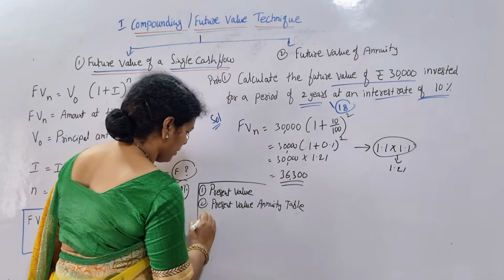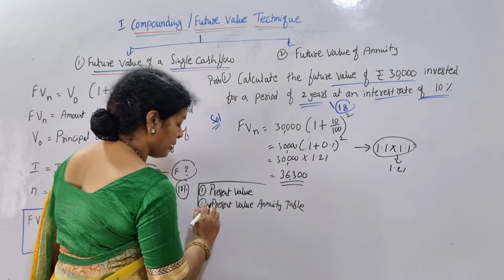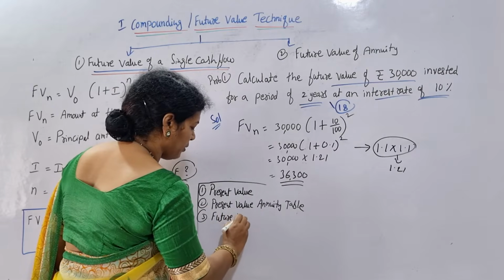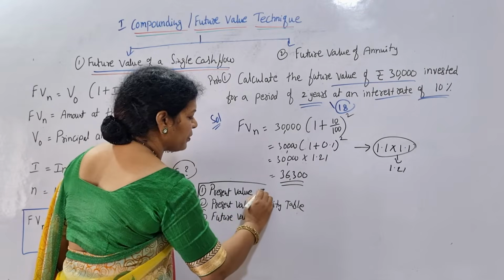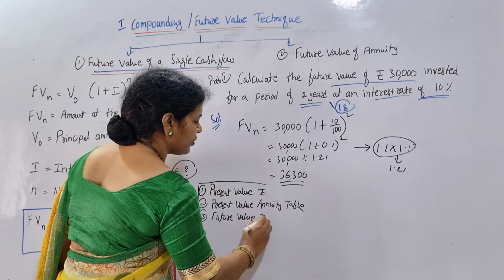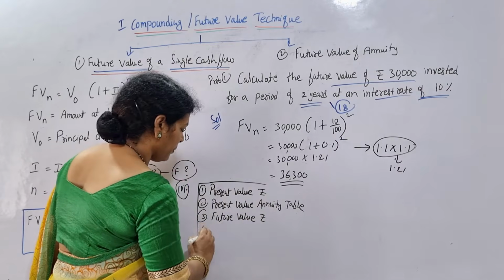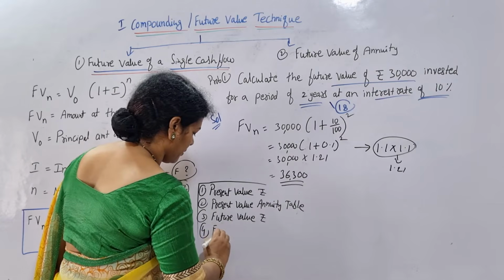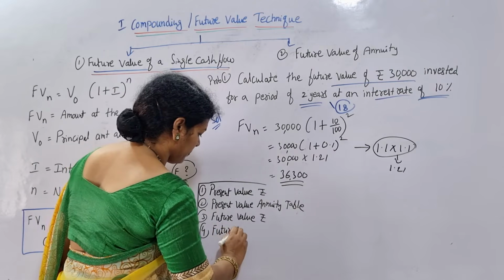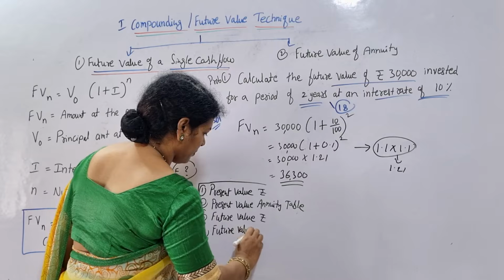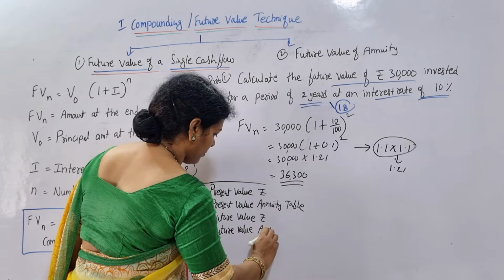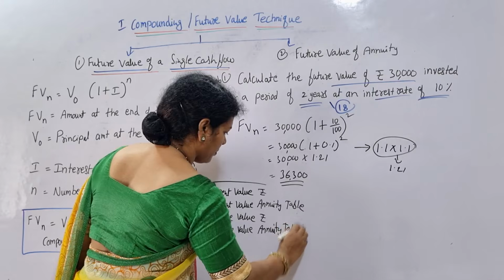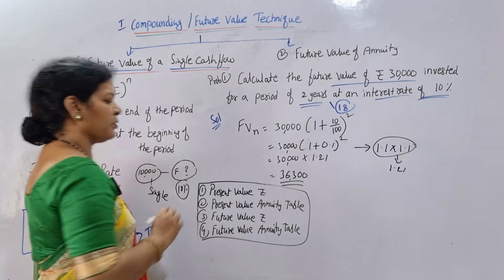In the same way, present value is over, then future value. Future value table, per rupee you can say, per rupee how much it is. And the fourth one is the future value annuity table. These 4 tables we have.